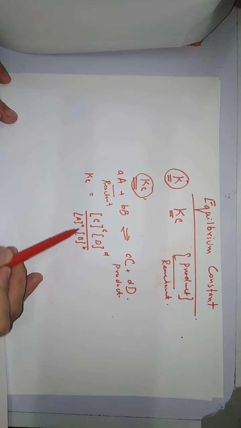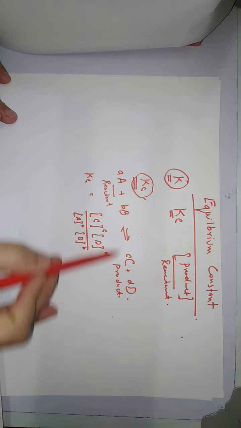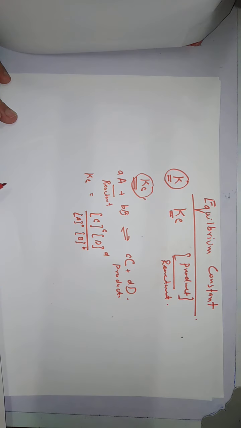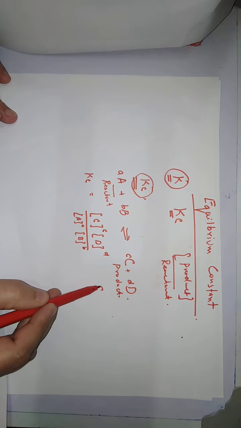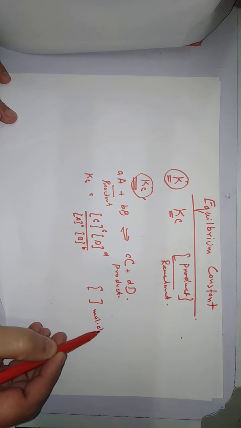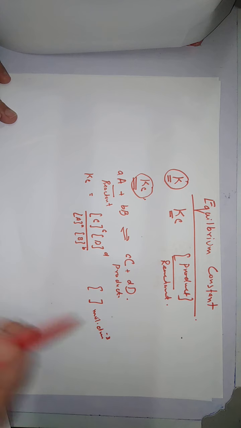These coefficients are the numbers that are used in the equation to balance the chemical equation. And the square brackets show the concentration in terms of mole per decimeter cube.